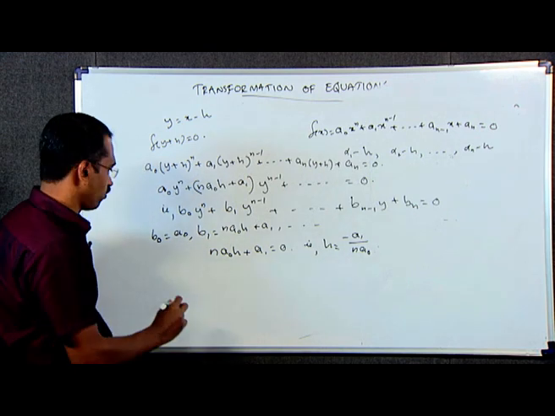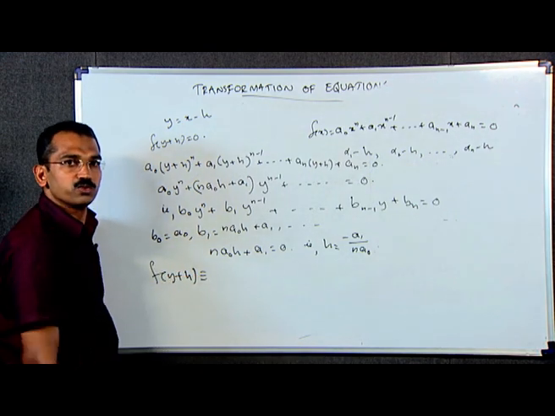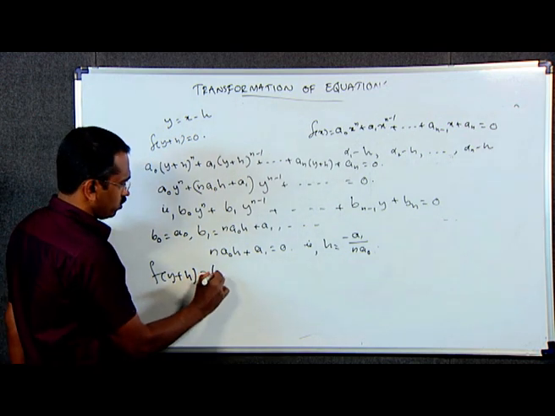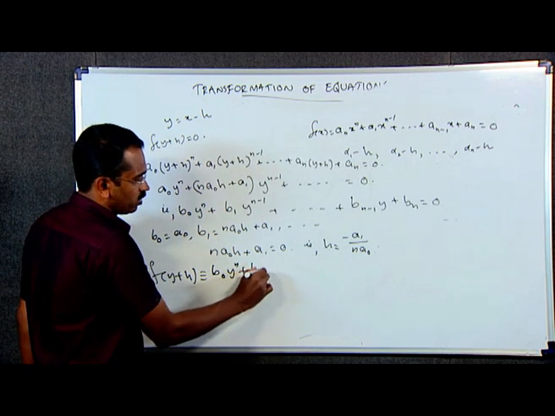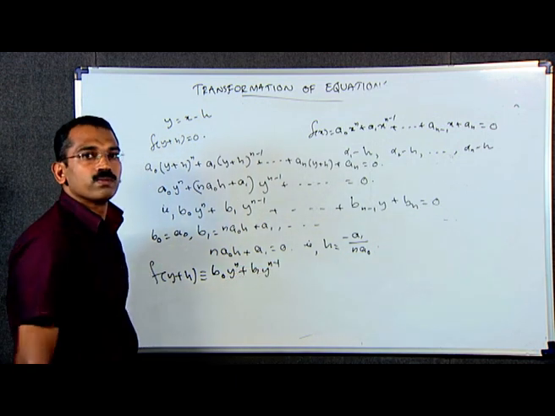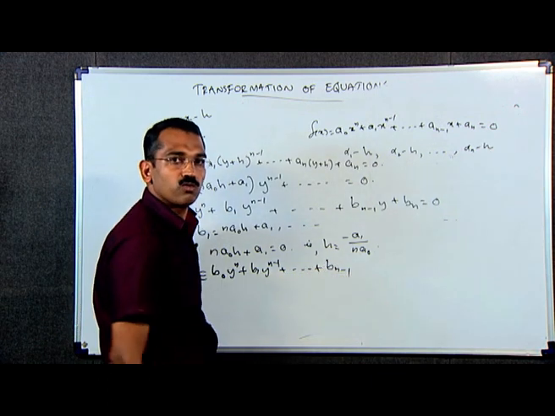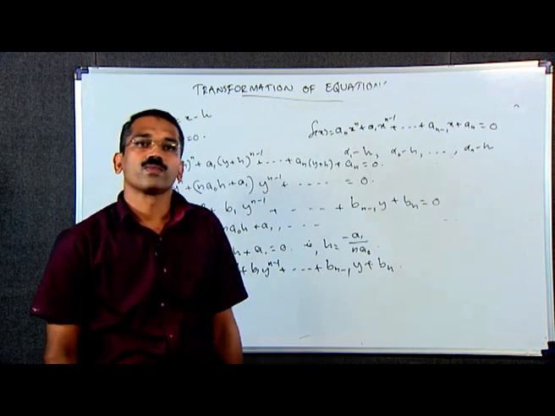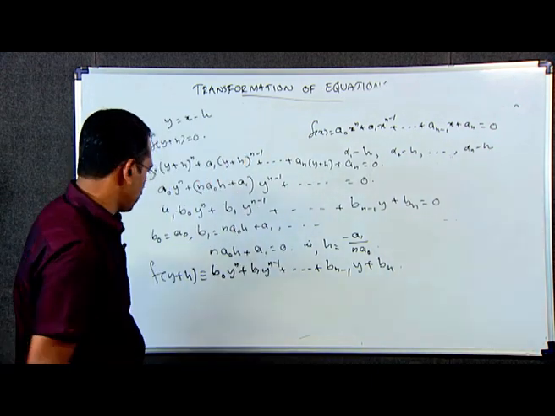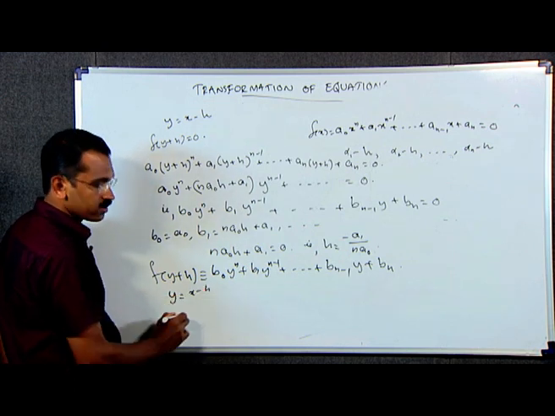Consider f of y plus h, which is identically equal to b naught y raised to n plus b 1 y raised to n minus 1 plus etc. plus b n minus 1 y plus b n. Putting y is equal to x minus h, we will get y equal to x minus h.